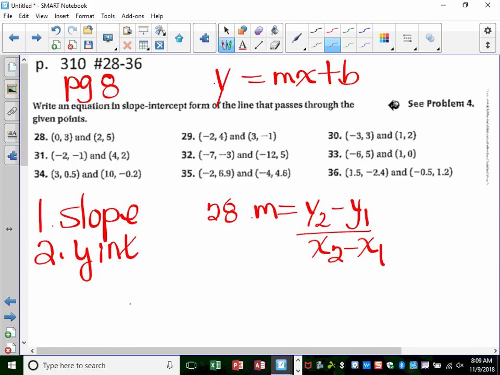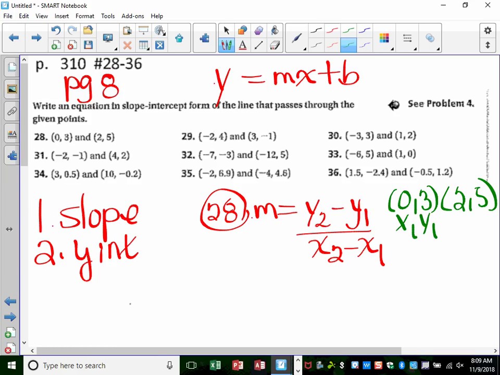So I write down my slope formula. I'm using the points that are in question number 28, and I'm going to write those over here. So this is my x1, y1, x2, y2.